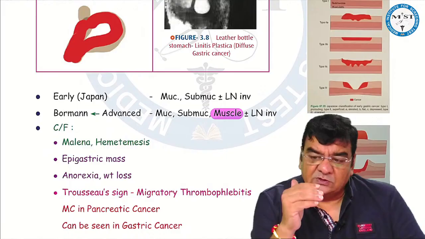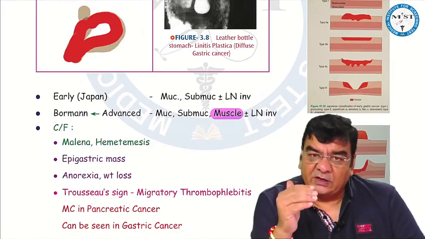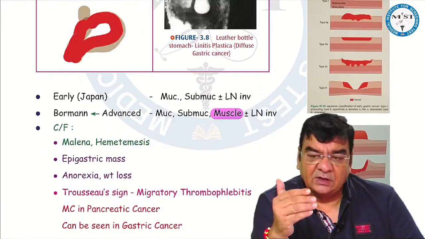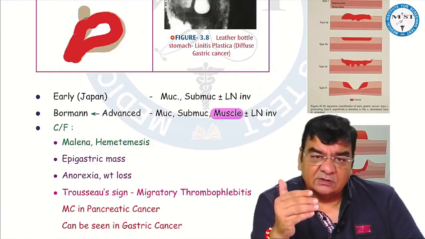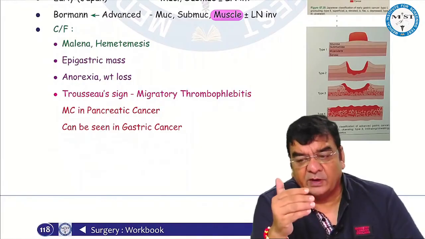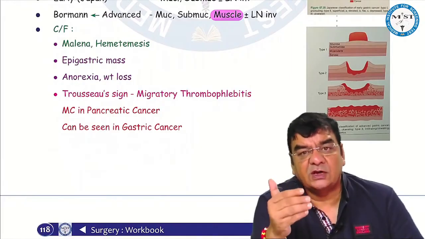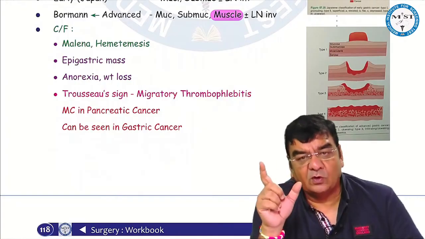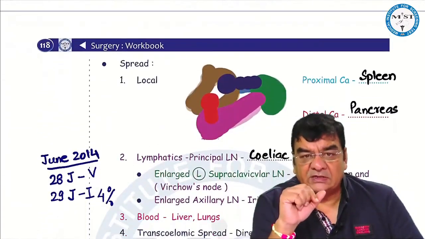Certain cancers produce substances which change the property of platelets, which increases migratory thrombophlebitis. Most common in pancreatic cancer, but can be seen in gastric cancer also. So this migratory thrombophlebitis in cancers is called Trousseau's sign of cancer. This is different from the Trousseau's sign that we see in medicine.